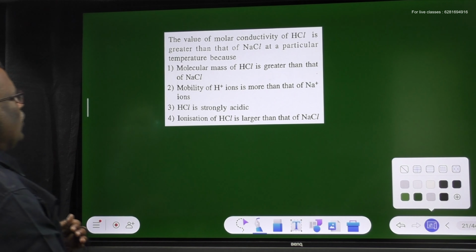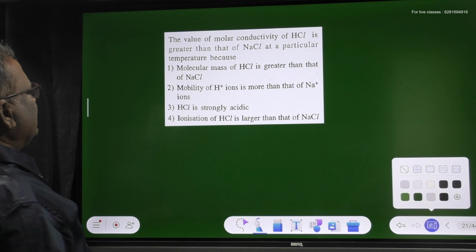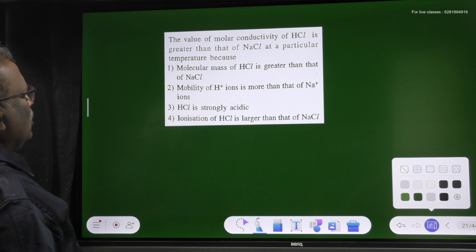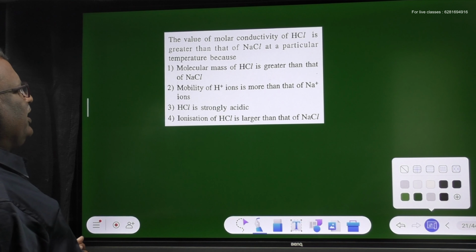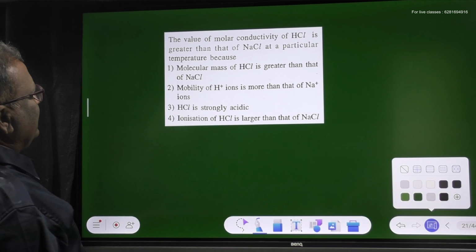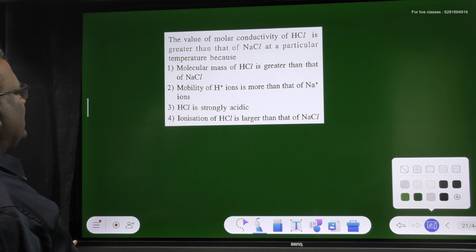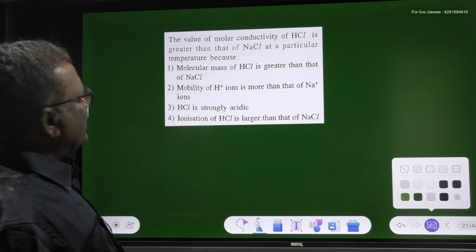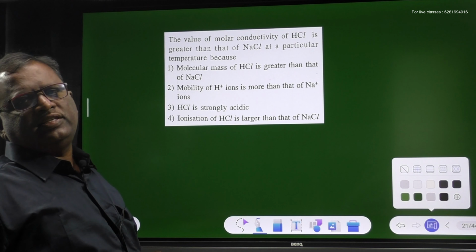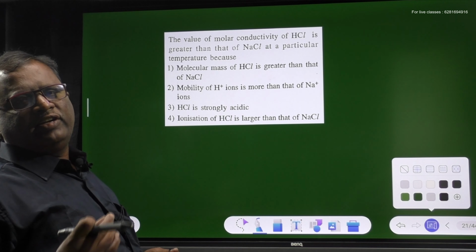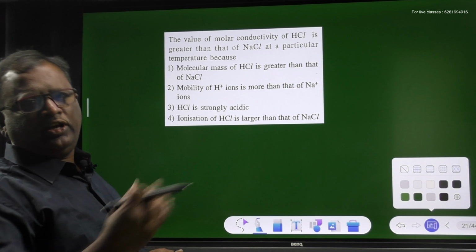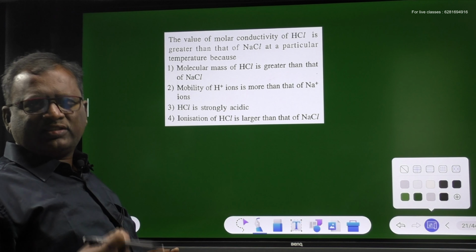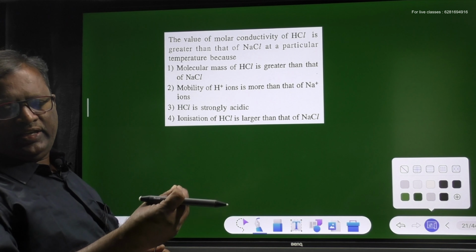The value of molar conductivity of HCl is greater than that of NaCl at a particular temperature because. HCl is a strong electrolyte and NaCl is a strong electrolyte, they are completely ionized. So the molar conductivity of HCl is greater than NaCl because conductivity depends upon the mobility of ions. Cations with smaller size will have more mobility.